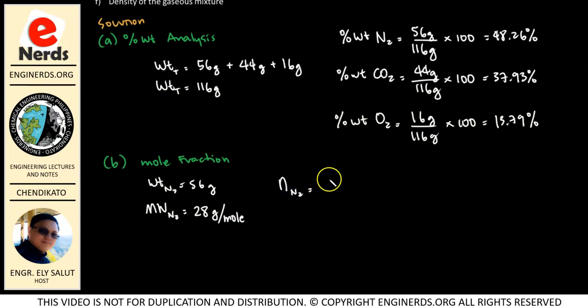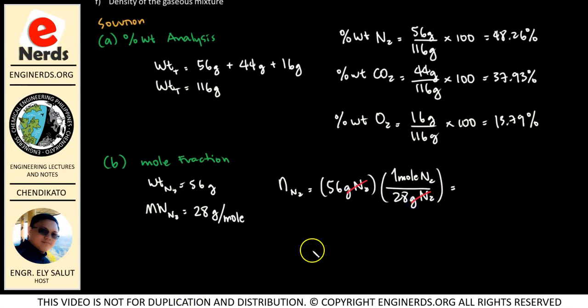So, we have 56 grams of N2 times 1 mole of N2 per 28 grams of N2. Okay? So, our grams of N2 will be cancelled out. Therefore, ang magiging sagot natin dito is yung number of moles ng N2, di ba?